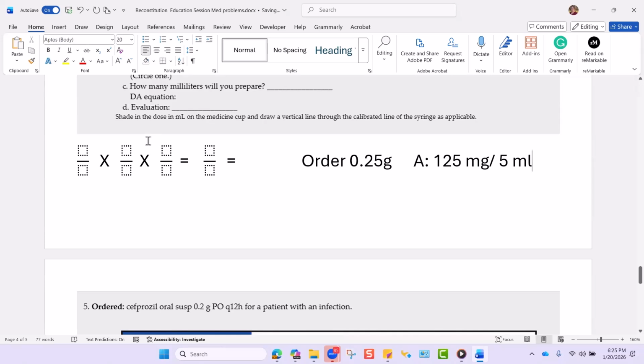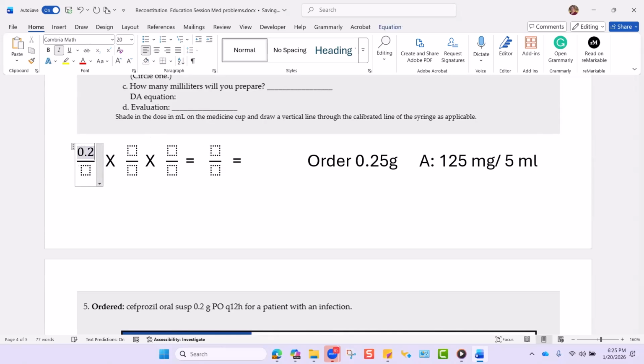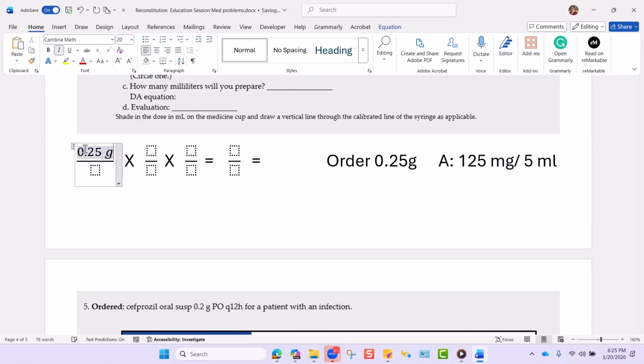Okay. All right. We begin with order, which is 0.25 grams. So if grams is on the top, grams is going to have to go on the bottom of the second one. But it wants milligrams. So this is automatically going to have to be a conversion factor, okay?